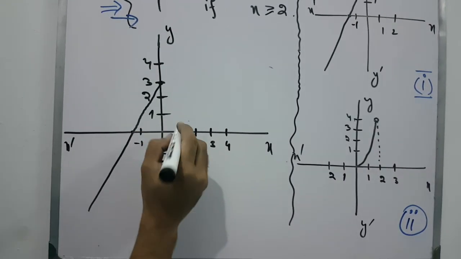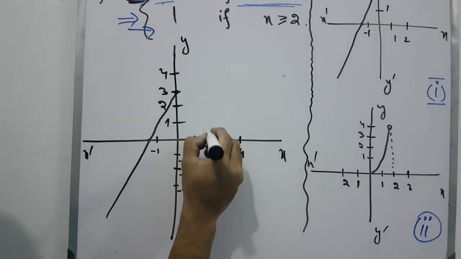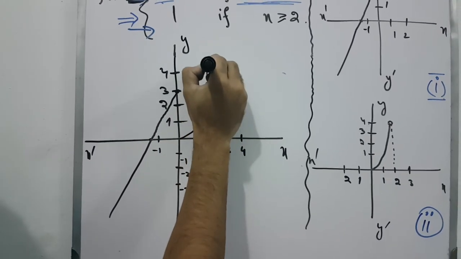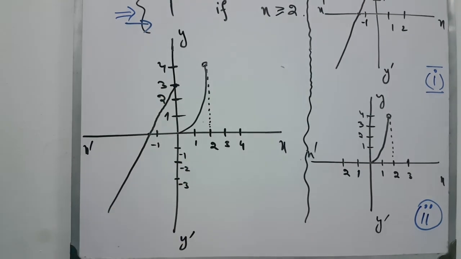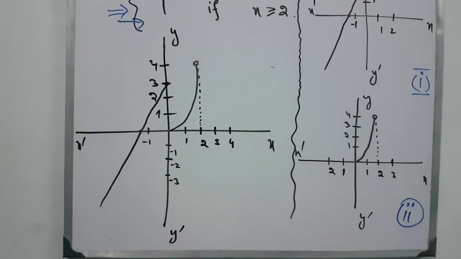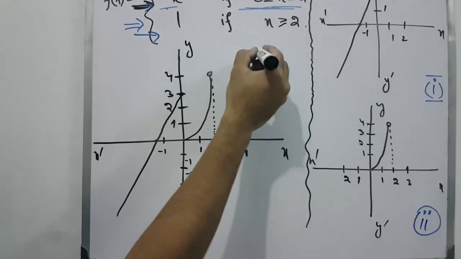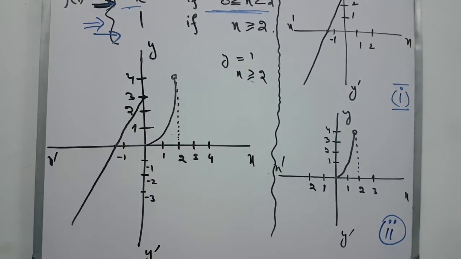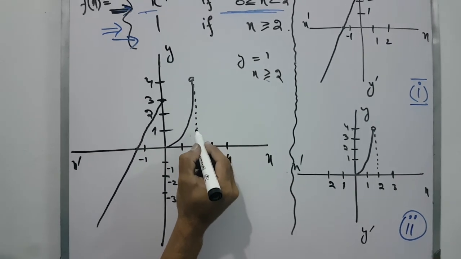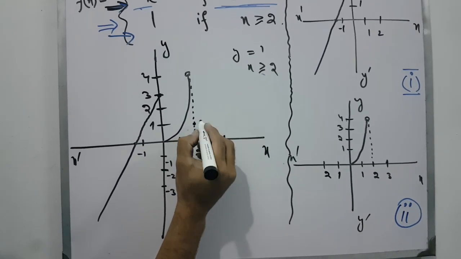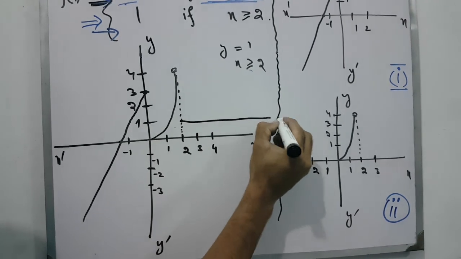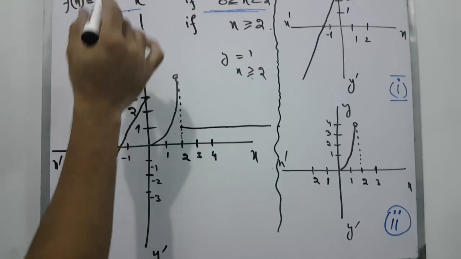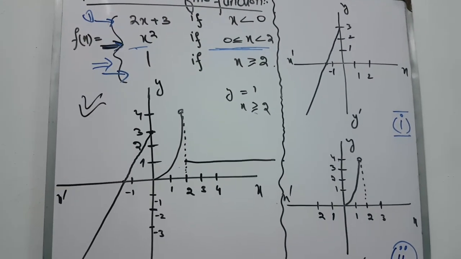Second is a parabola, but with a limit: when x is 2, y equals 4, and at 2 the graph is discontinuous. And the last one is y equals 1 when x is greater than or equal to 2. Our x starts from 2 and y equals 1, so the graph of this equation will be like this. So this is the complete graph of the piecewise defined function.